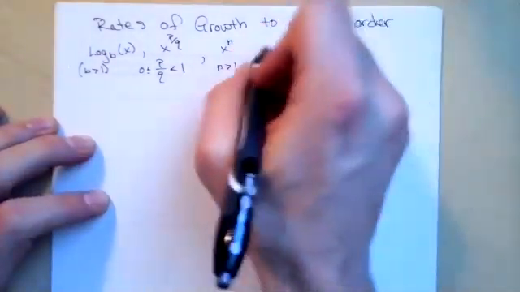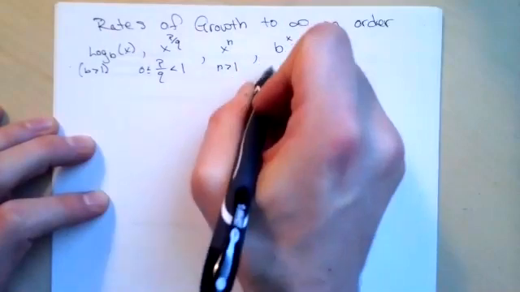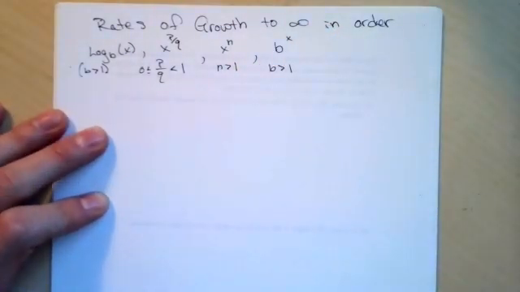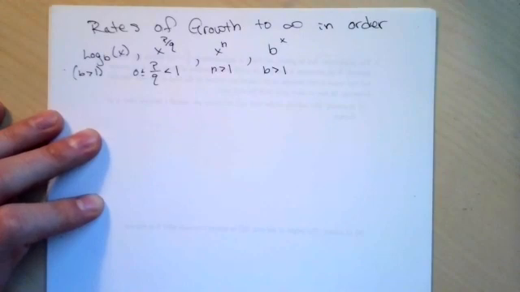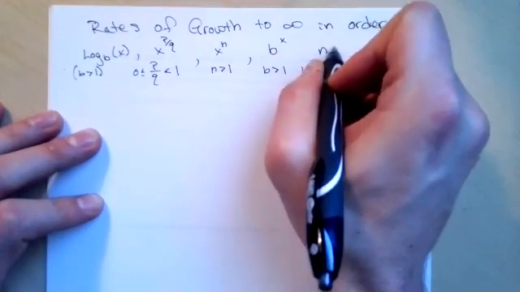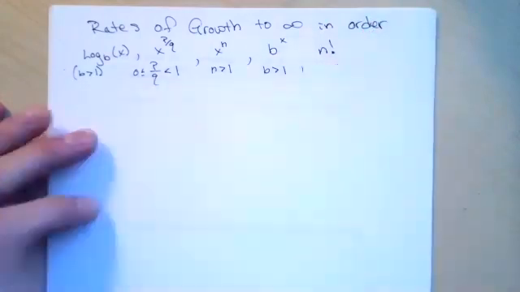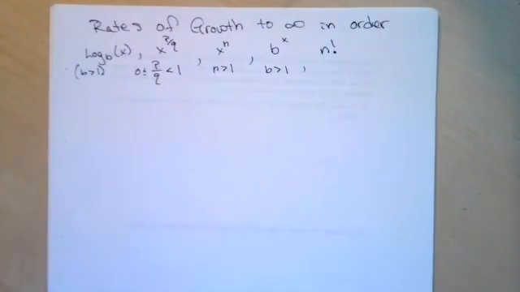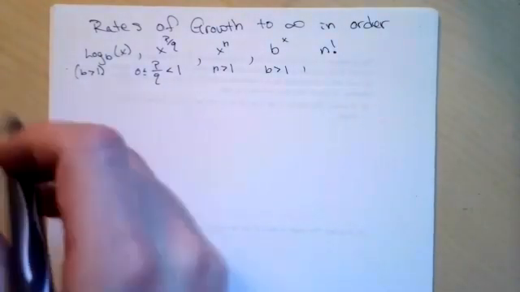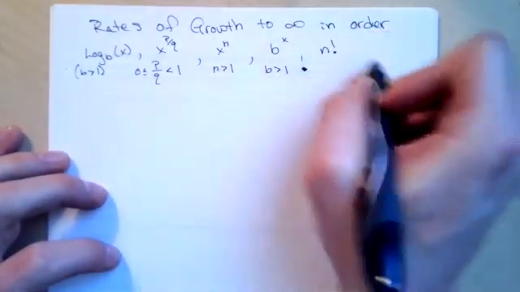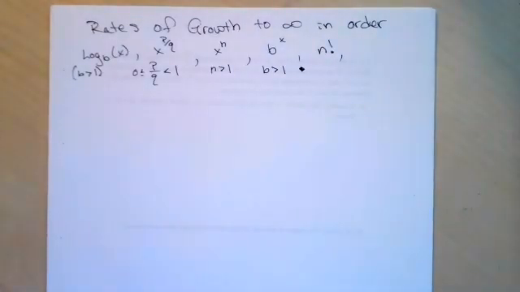The next functions are going to be exponentials. After that, it's going to be factorials. And don't worry if you don't know what this means. And it has to be an integer. We can't extend a factorial rate of growth to make it continuous. But don't worry if you don't know what that means at the moment. We'll cover it in sequences and series.